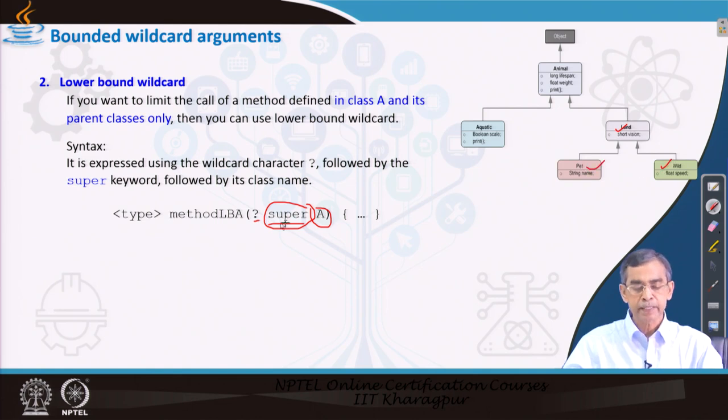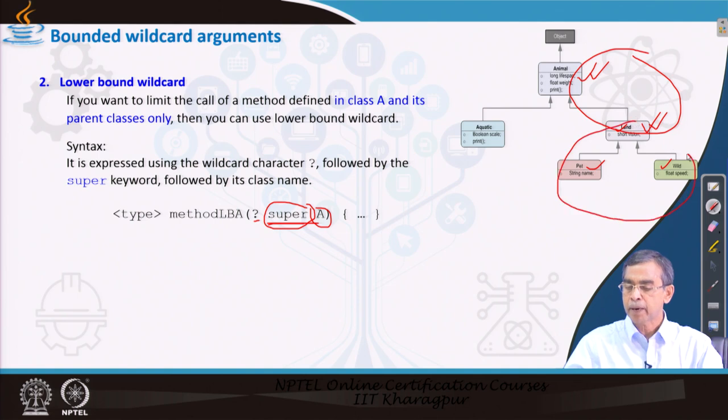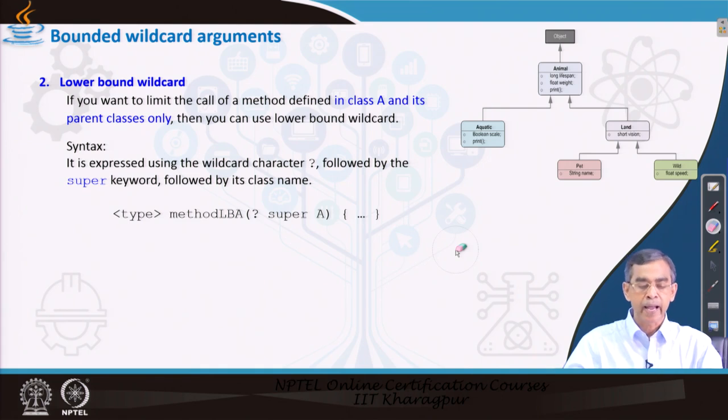On the other hand, if it is a lower bound defined in this method, it extends to this class and any of its superclasses. So, this is the lower bound and this is the upper bound argument. So, for a method defined in this class with these two bounds, the scope is either the class and its superclasses or the class and its subclasses. This is the concept of the two bounds.